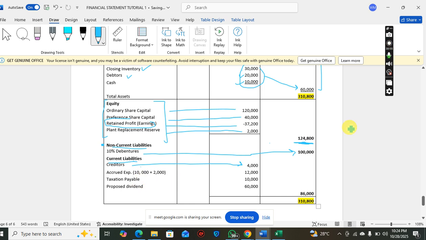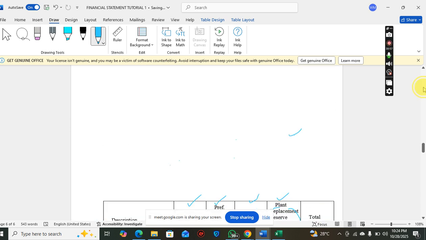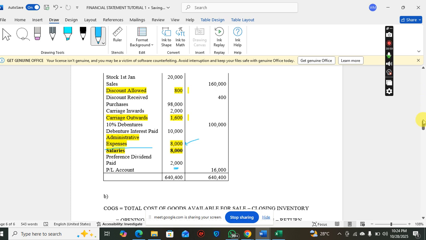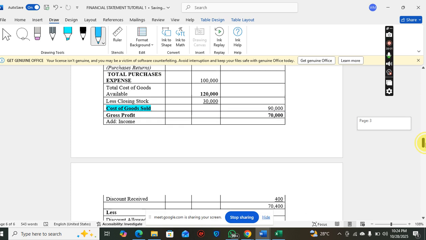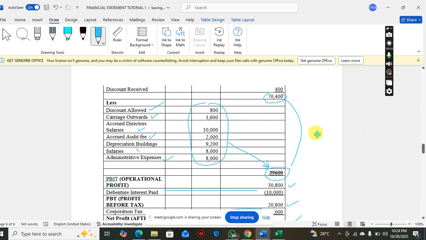Remember those two? Yes, the accrued salaries of 10,000 and the accrued audit fee of 2,000. As I said, they're also going to appear in the balance sheet as current liabilities, because they need to be paid.